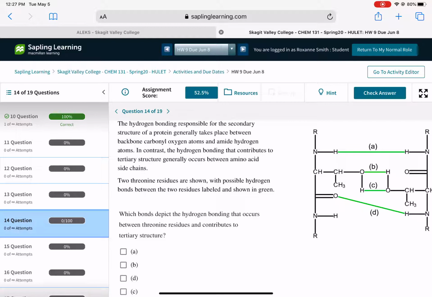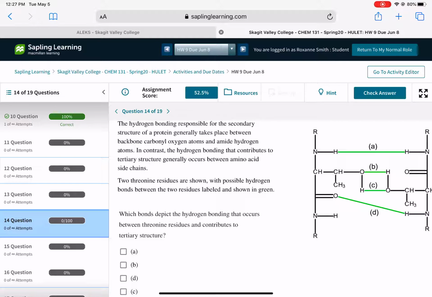So first thing you have to keep in mind is, what is a hydrogen bond? Is a hydrogen bond a connection between 2 hydrogen atoms? It is not. A hydrogen bond is a connection between a hydrogen and either an oxygen or a nitrogen or a fluorine. So an H-H bond is never a hydrogen bond. And so option A is not an option.